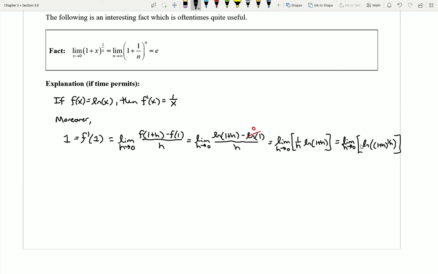So here's what I'm going to go ahead and note here. First, I can see that this limit right here, according to everything that we showed, must be equal to the value of 1.